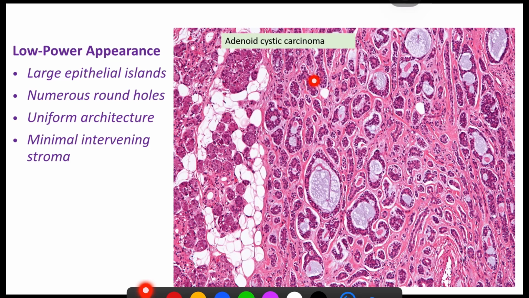You can see large epithelial islands, numerous round holes and uniform architecture with minimal intervening stroma. Here you can see this is the boundary. This is normal acini of the salivary gland, and here you can find the malignant adenoid cystic tumor, which shows adenoid cystic pattern with multiple holes. So this is normal and this is tumor part.